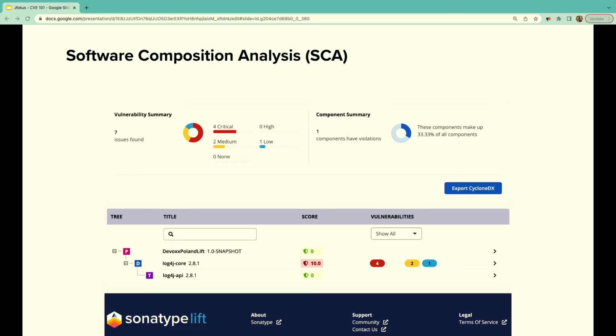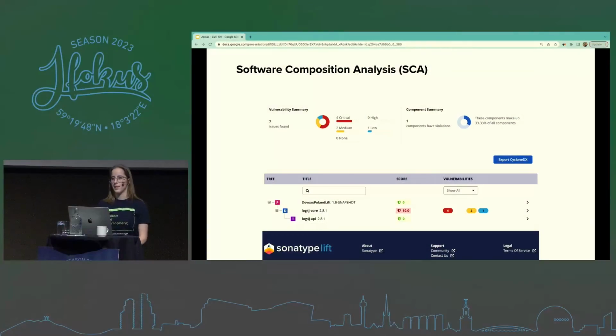They may not be the Log4j that you think you're using. It could be a Log4j that another dependency you have is using that may be a little bit harder to find and remediate. So that is the value in these types of tools, to be able to say, hey, you actually have several Log4js here, and not all of them are a good version, and provide some recommendations to upgrade those things.